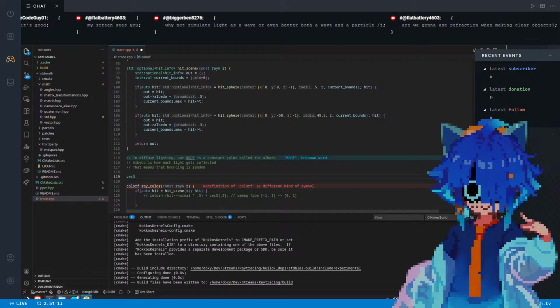Why not simulate light as a wave, or even better, a wave and a particle? Because simulating it this way is already so expensive that it's unsolvable. Yes, we would use refraction when making clear objects, but I am not going to make any clear objects today, unfortunately. So we are not going to use refraction. I'm just going to make a diffuse and a metal.